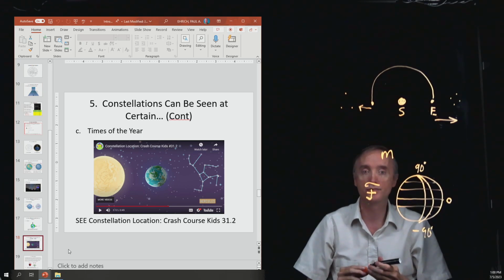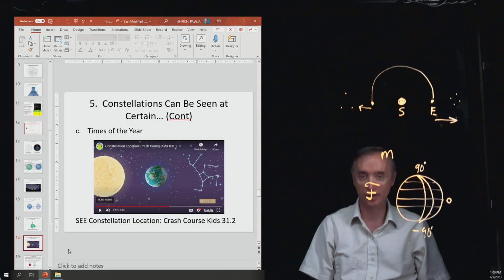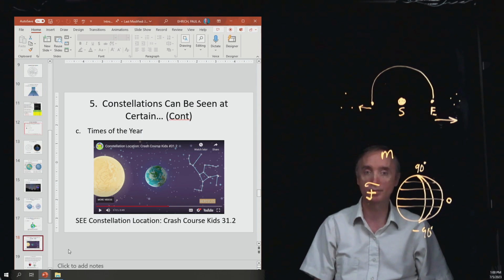So there are certain constellations that are seasonal constellations, like Orion, for example. Orion, you normally see it during the winter time, and then it gets harder and harder to find it as you approach spring and fall. And then during the summertime, you don't see the constellation Orion.